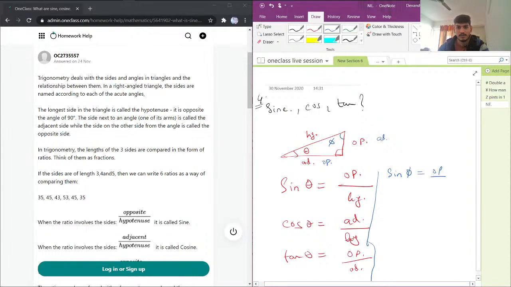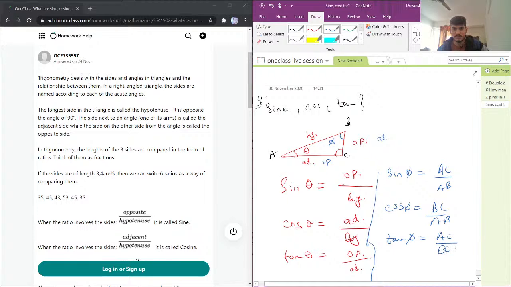It would be better if I give the coordinates. So it will be AC over AB. Cos of phi, adjacent side is this one, so BC over AB. Tangent of phi will be equal to opposite, which is AC over BC.